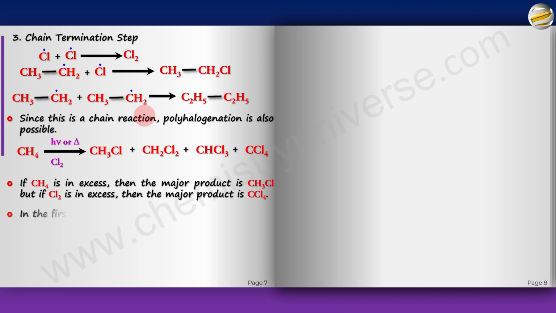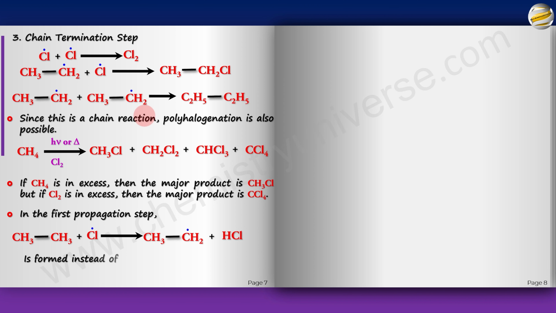Now in the first propagation step, as you can see, this took an H. Now if this is formed instead of this, I mean, why didn't the carbon H bond break and carbon take the Cl and give the H atom?